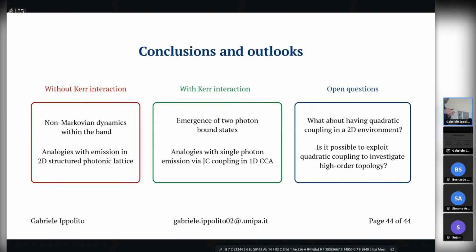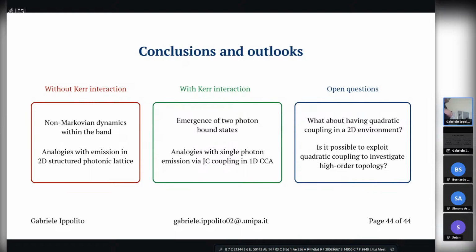Without Kerr interaction, we have analogies with emission in two-dimensional structured photonic lattices. With Kerr interaction, we have analogies with single photon emission, again, in one-dimensional systems. And it would also be interesting, just for fun, to study what happens if we have an emitter that is quadratically coupled to a two-dimensional environment.